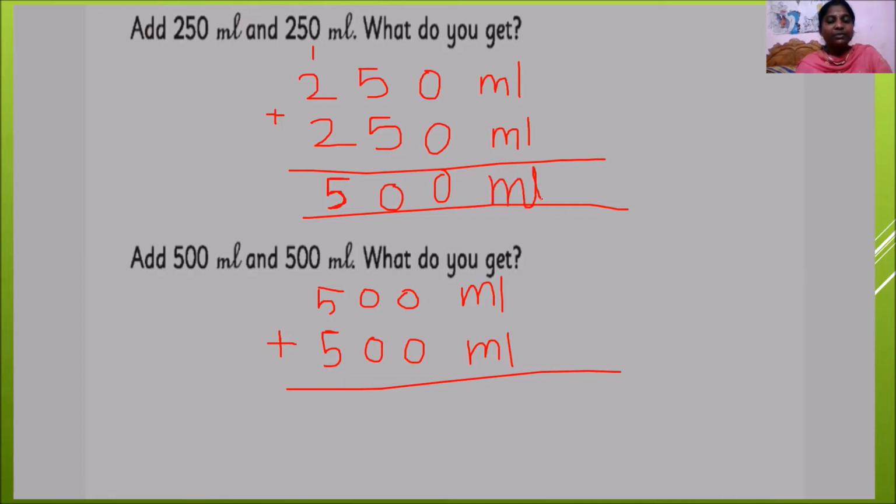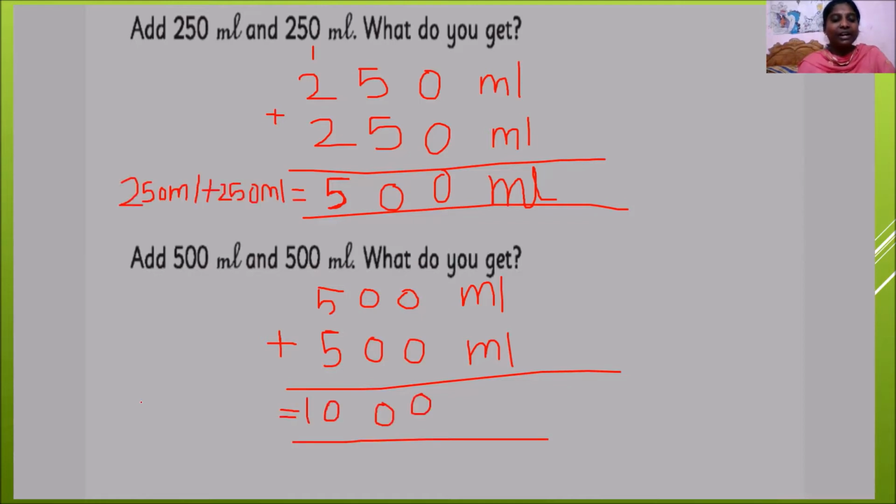Writing the unit is very important. Next, add 500 ml and 500 ml. What do you get? You have to add these numbers, children. So when we are adding 500 ml plus 500 ml, we get 1000 ml.